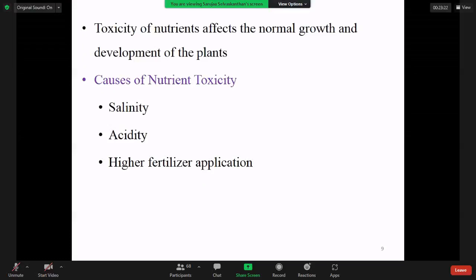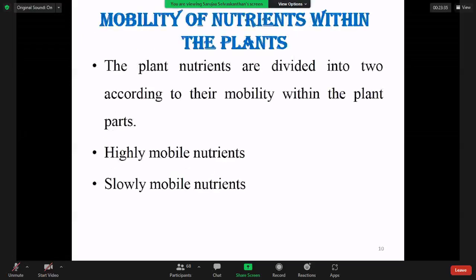So while there is toxicity, at the same time there will be a loss of nutrients. Then, higher fertilizer application can also cause toxicity. Okay, then we will move to another chapter.